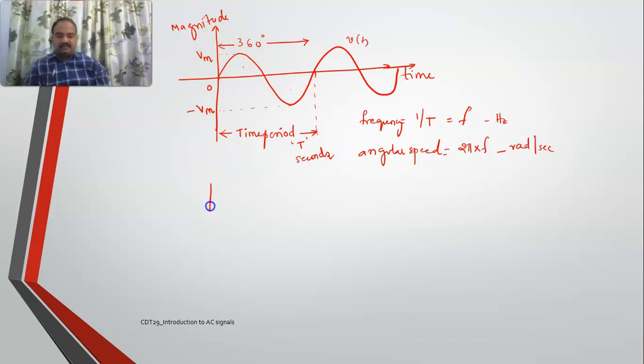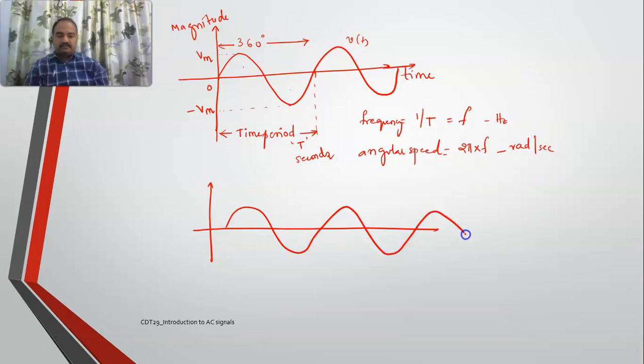Now, sometimes the signal may not always start at 0, but it may start at some other points. If you carefully see, this is the time period. More or less, both are similar signals which I have drawn.